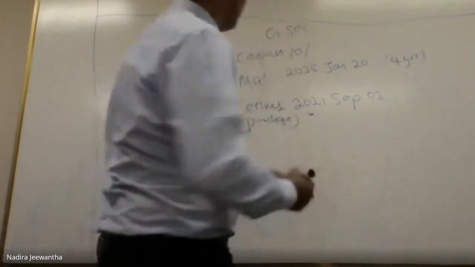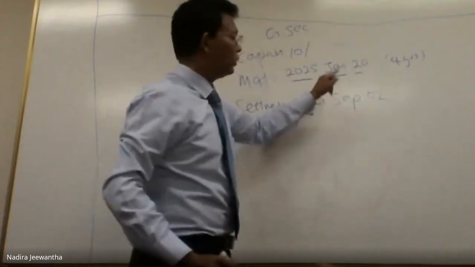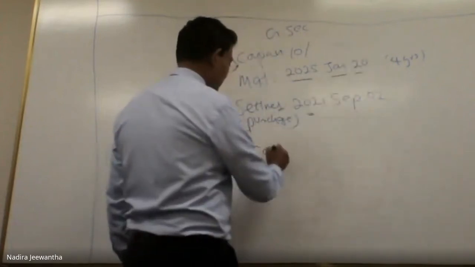When is the maturity? On the maturity date, you are getting one coupon. So the coupon payment.